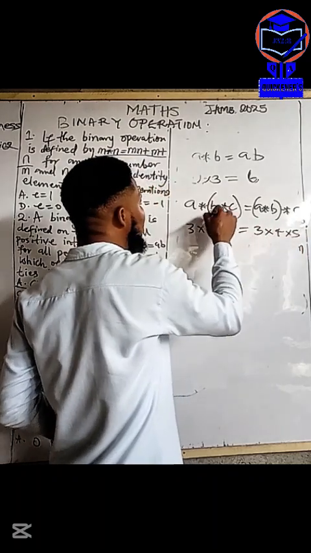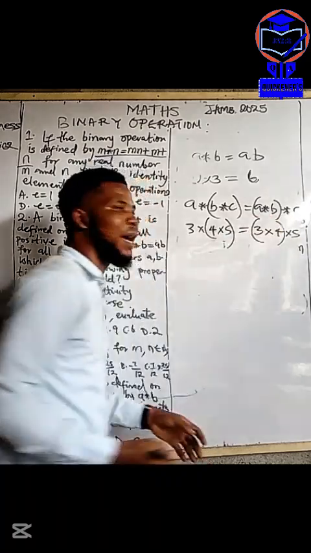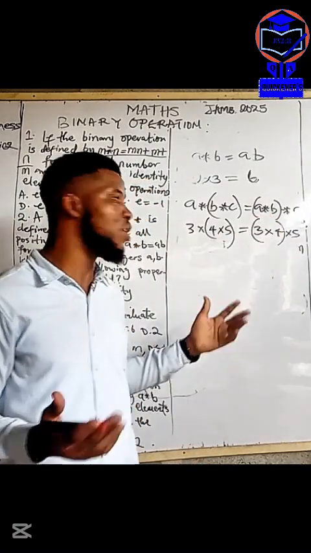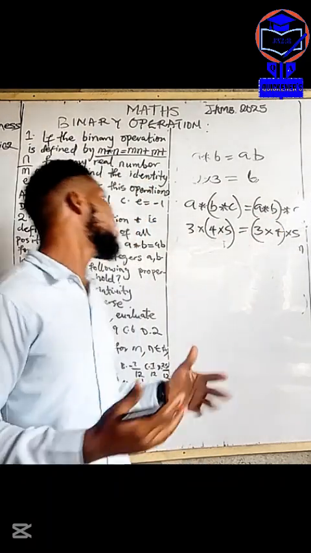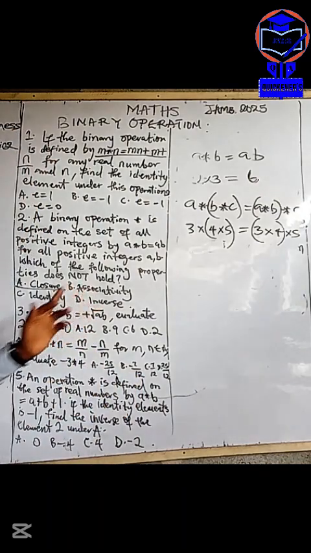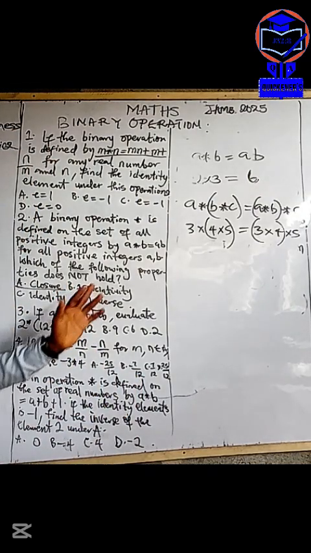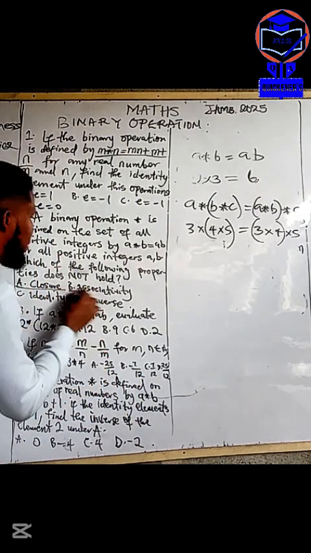No matter how I put the bracket, I'm still going to get the same answer, because even the bracket itself means multiplication. So this is associative, and this one is part of it.